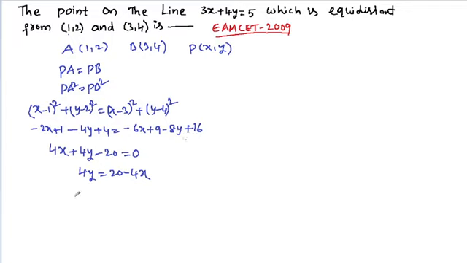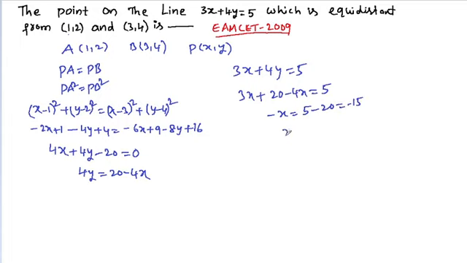Substituting this value in the given equation, that is 3x plus 4y is equal to 5. Therefore, 3x plus 20 minus 4x is equal to 5. Minus x is equal to 5 minus 20, that is equal to minus 15. Therefore, x is equal to 15.